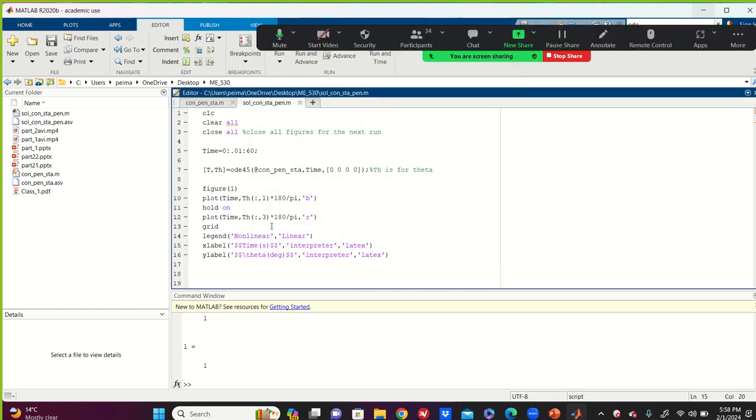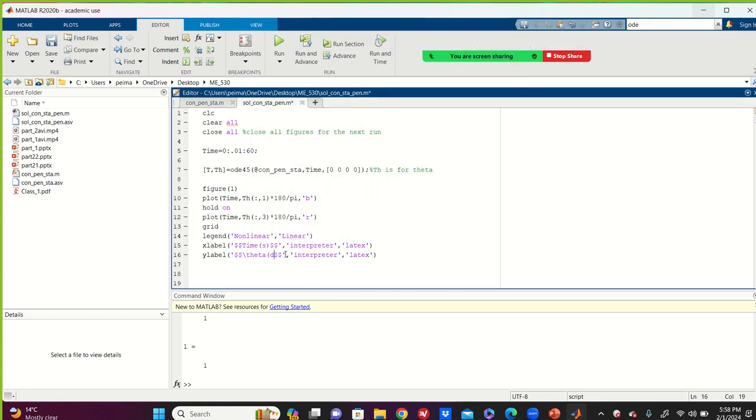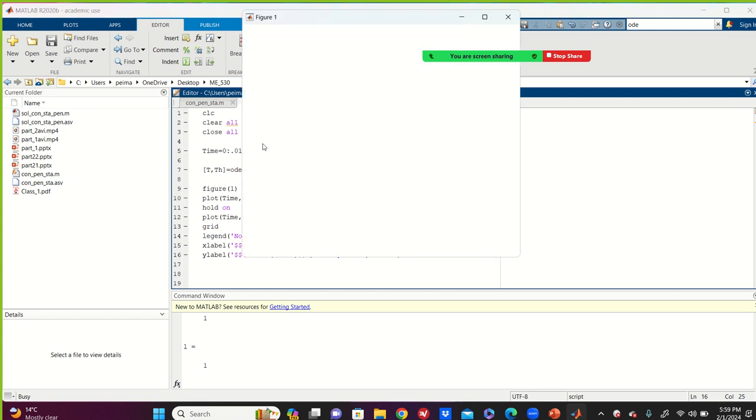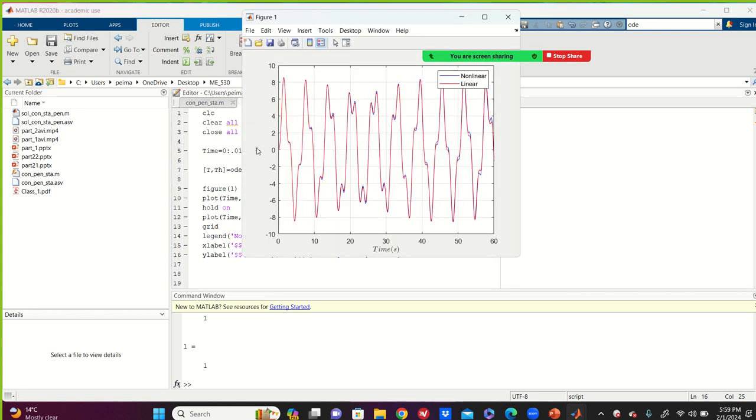You can even write more professionally like this. Say theta power of circ. It gives you the degree angle symbol. This is a command in MATLAB. When you are a control engineer, you have to know this. Yes, see? Theta degree.